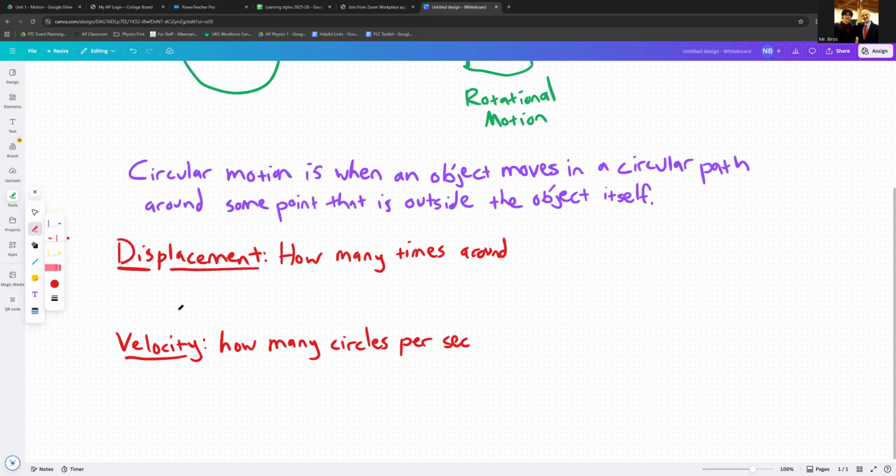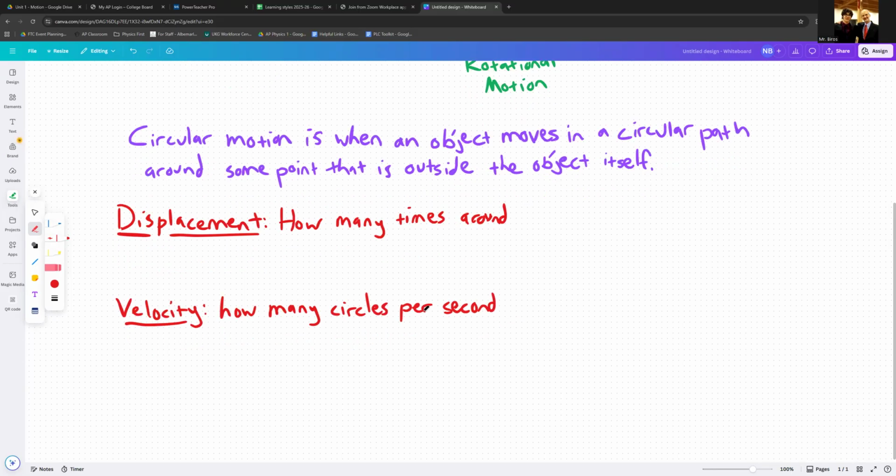So that really is how fast it's going. If it goes once around in a second, okay, that's how fast it is. And if it goes 2 circles in a second, that's even faster. If it goes only half of a circle in a second, that would be slower. So our velocity of how fast it's going, we can think of as how many circles per second.